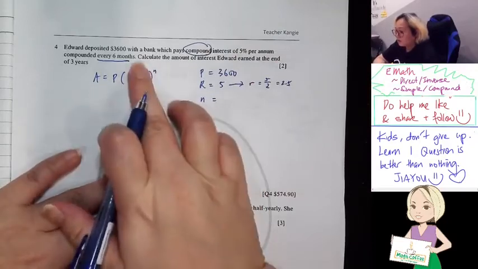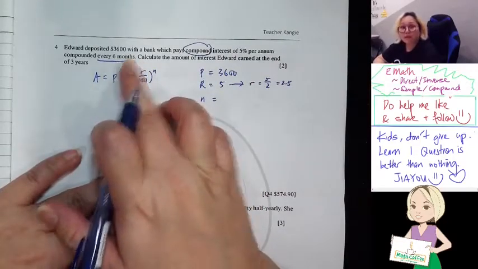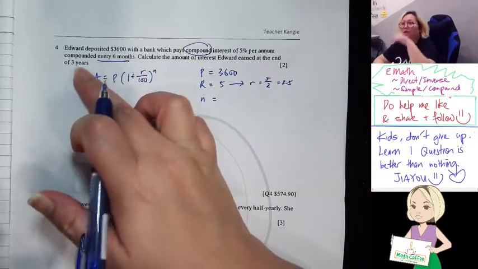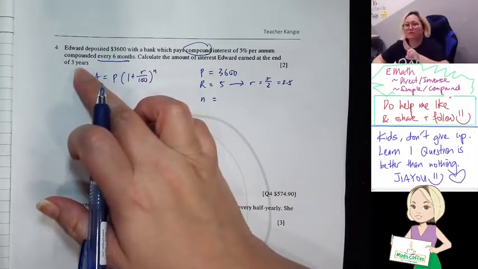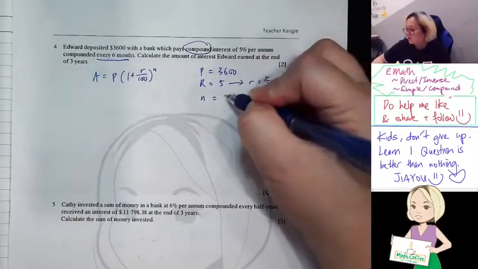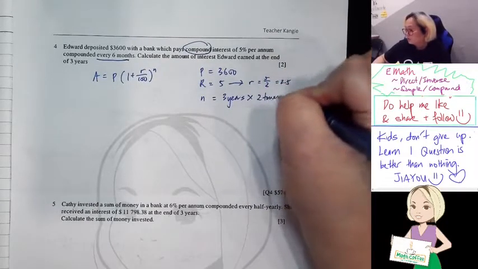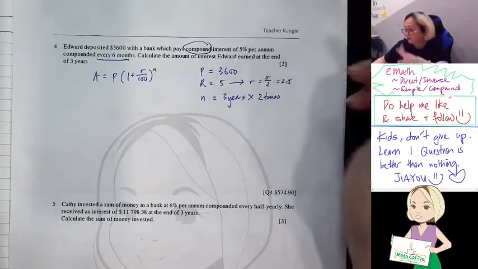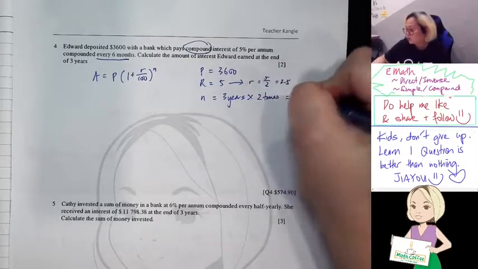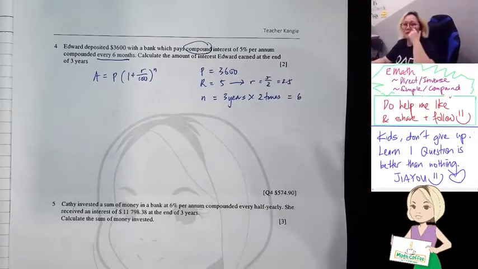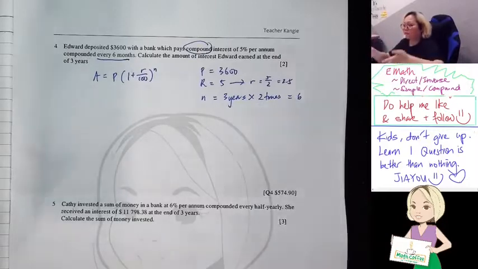Because it's going to compound every 6 months, it's going to have 3 years. 1 year compounds 2 times. So my n is actually 3 years multiplied by 2 times because this is compounded every 6 months. That's why it is equal to 6. You need to calculate how many times it compounds.